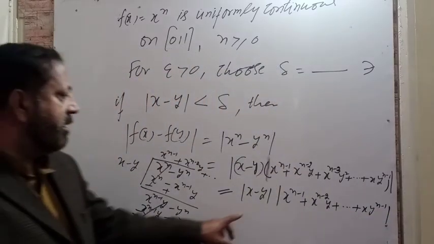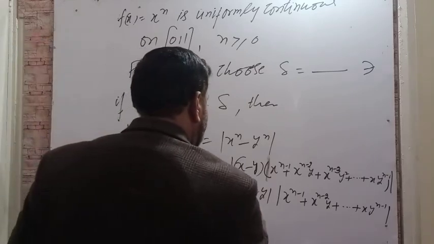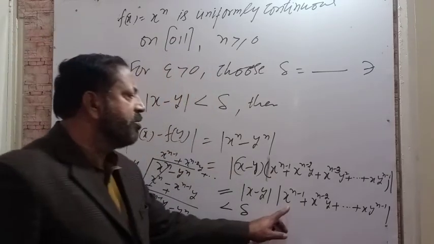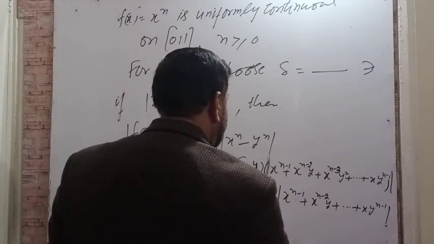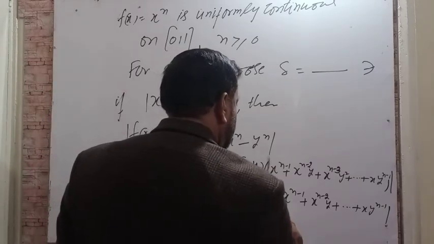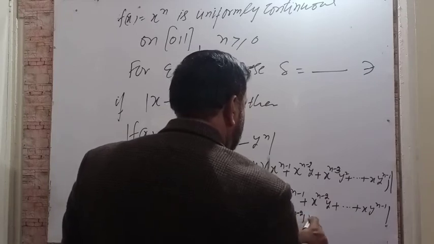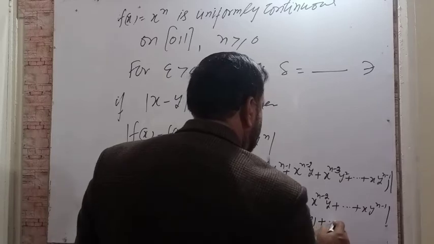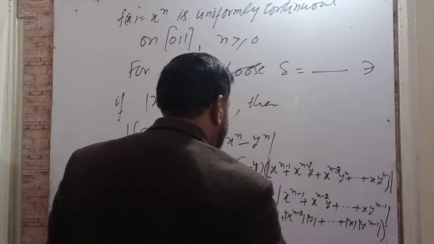You know this is less than delta, and here you can use the triangle inequality. This is less than or equal to |x|^(n-1) plus |x|^(n-2)|y| plus so on plus |y|^(n-1).